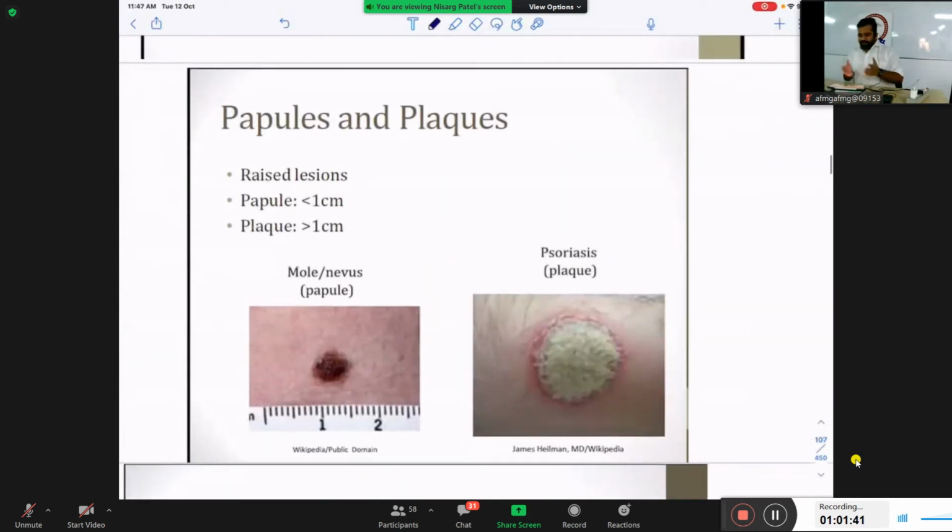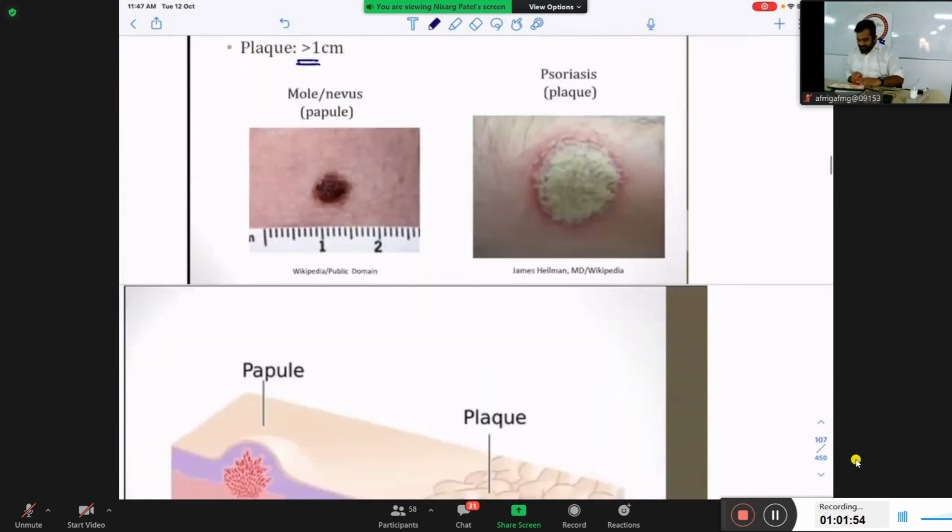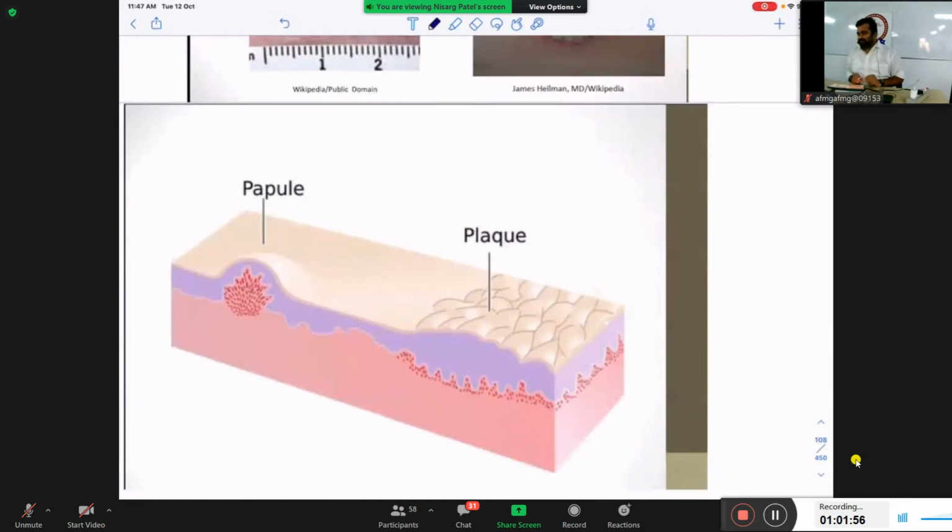Now coming to papule and plaque. What is a papule? They are raised lesions above the skin. Papule, if it is less than 1 centimeter. Plaque, it is more than 1 centimeter. So this is a papule, but this is in the larger area, so it is a plaque.